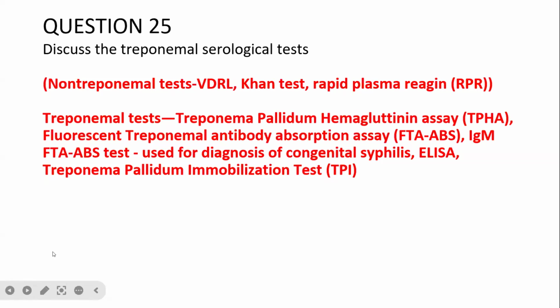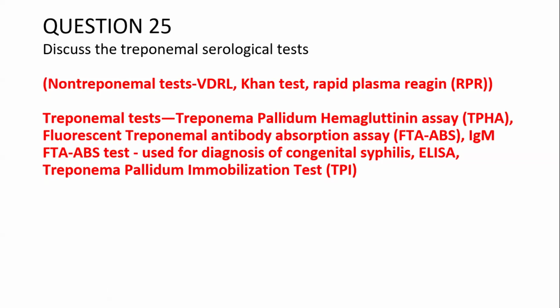Now, I want you to understand this. These are serological tests. This means that you take a blood sample, send it to the lab. For these ones, the non-treponemal tests, these are non-specific to syphilis. So we have VDRL, CAN test, and rapid plasma reagin. So why are they non-specific to syphilis?